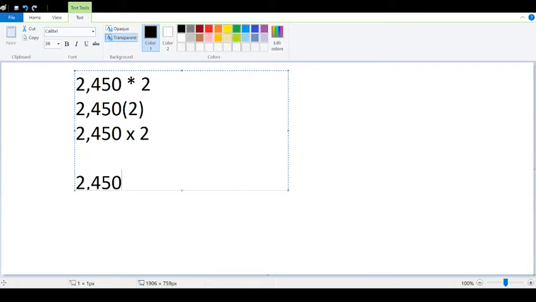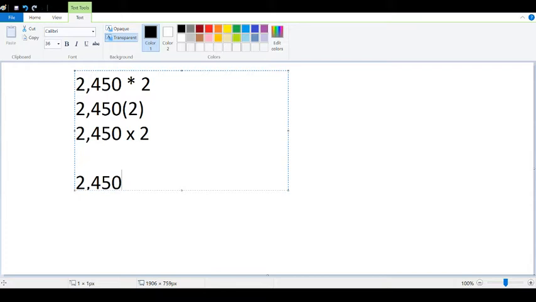So a general rule, if you're going to do it this way, is to take the biggest number, and we're going to use the smallest number to know how many times we're going to add that number. So I'll read this as 2450 times 2, which just means, in addition, 2450 plus 2450.